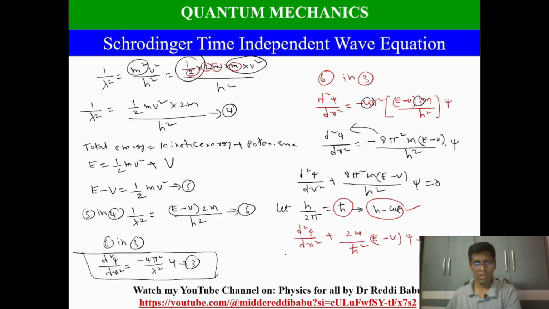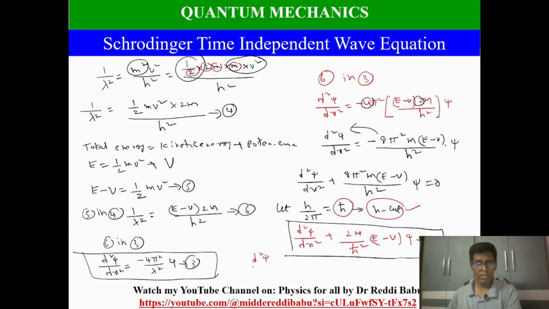This equation is known as the Schrodinger time independent wave equation for a particle moving along the x dimension. This equation can be written in 3 dimensions.